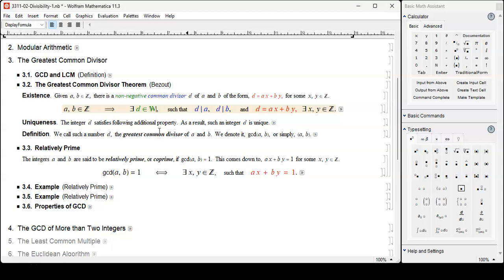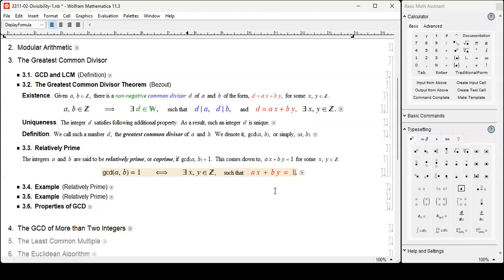Yeah, that's right. 1 is greater than or equal to 0, certainly. And 1 divides everything. So it's a common divisor of anything you can think of. So green and blue are automatic for 1. You only need to check red. So the relatively prime condition boils down to the red condition only. AX plus BY is equal to 1.